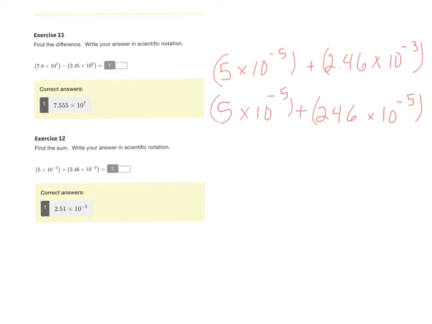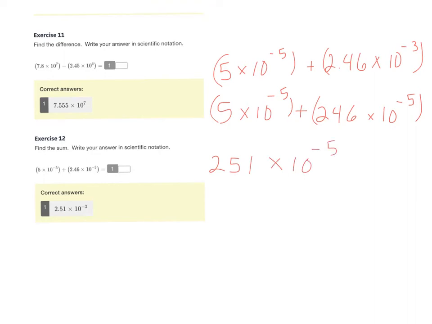So now that we have the same exponent, 10 to the negative 5th and 10 to the negative 5th, we can just add the first two numbers. So that's going to be 251 times 10 to the negative 5th.